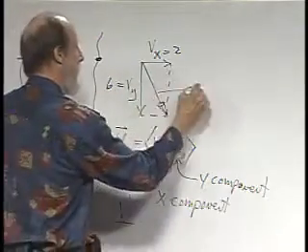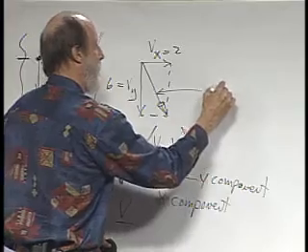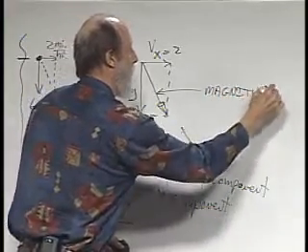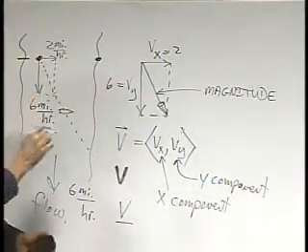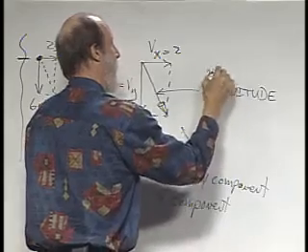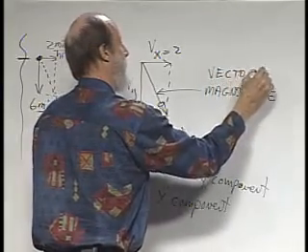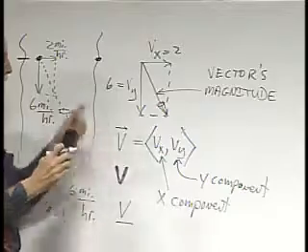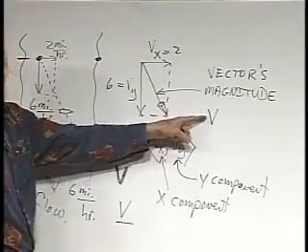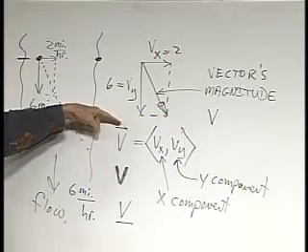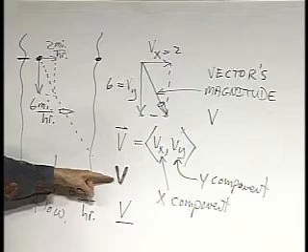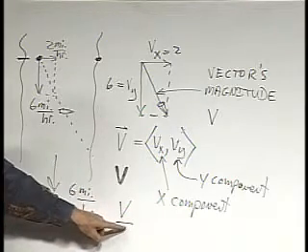What you're doing is you're looking for what we call the magnitude of a vector, or the vector's magnitude. That is the symbol for the vector without the arrow attached to it, or without the boldface type, or without the bar underneath it.